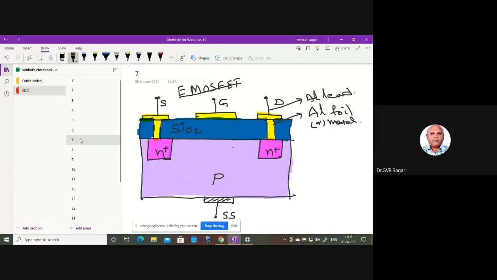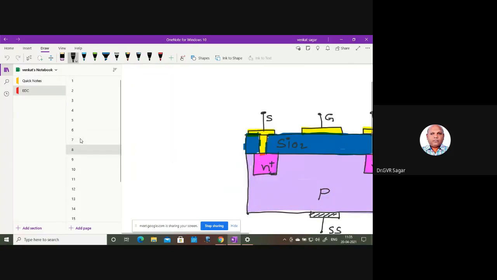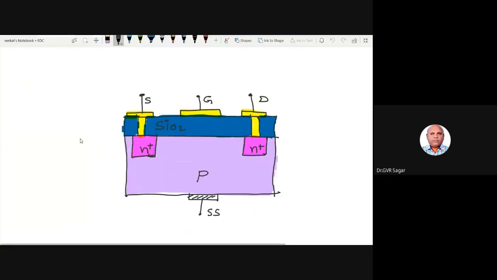So now I have to bias this circuit. How to bias the circuit: I have to take this E MOSFET, and what is the condition now? The gate to source voltage is applied as a positive voltage.